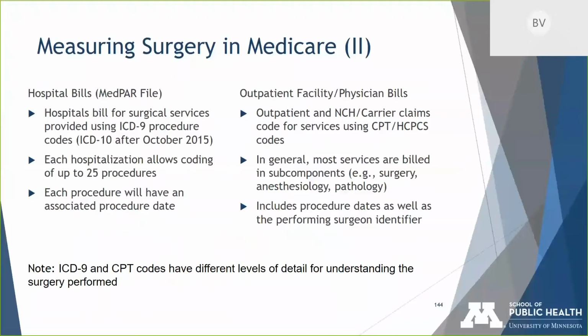So you would see a separate bill for the surgery, the surgeon who actually performed the surgery, but then you would also see another bill for the anesthesiologist, the pathologist, and the rest of the surgical team. These files also include procedure dates as well as the performing surgeon identifier. So if you're interested in that component, you would want to look into this set of files.